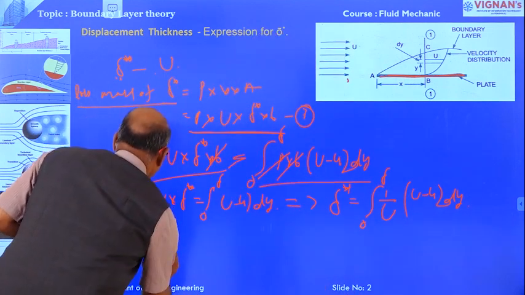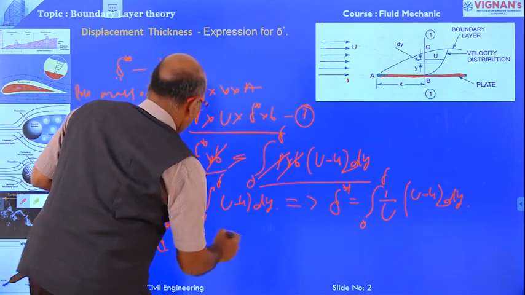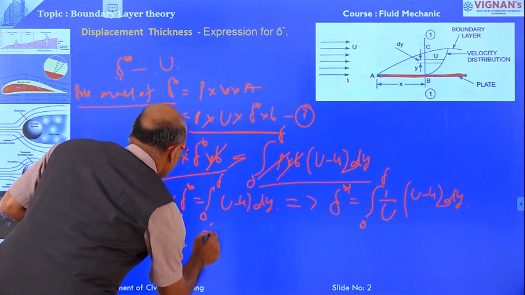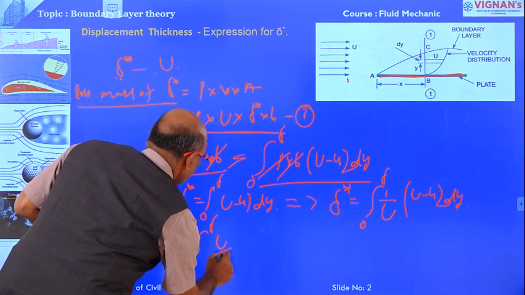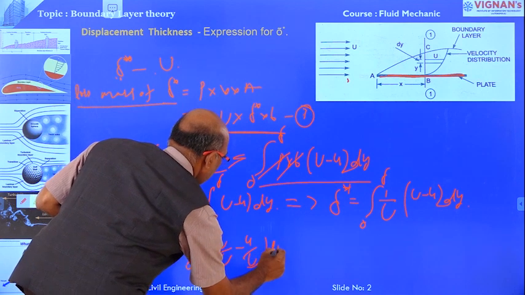Therefore delta star is equal to the integral from 0 to delta of capital U by capital U minus small u by capital U, dy.